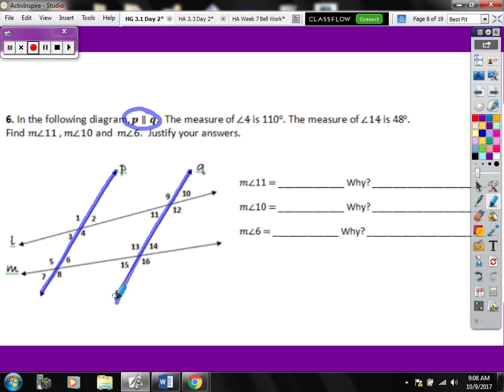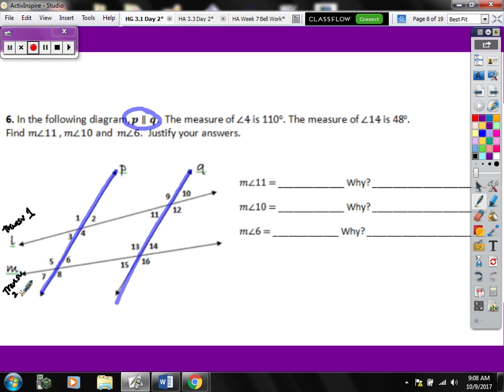So basically, we just have two transversals. This is like transversal 1, and this is transversal 2. Again, it may benefit you to turn your paper so that the two parallel lines are going horizontally.